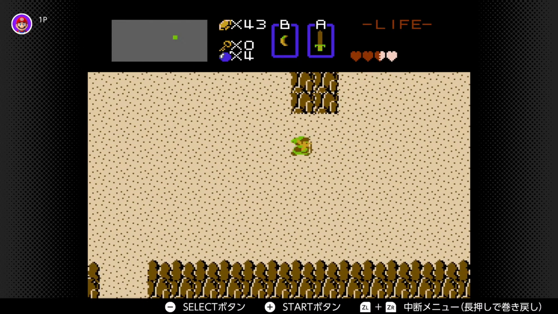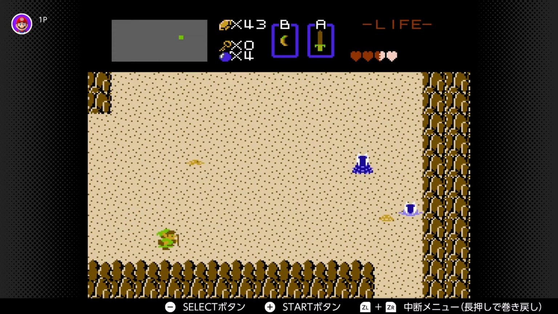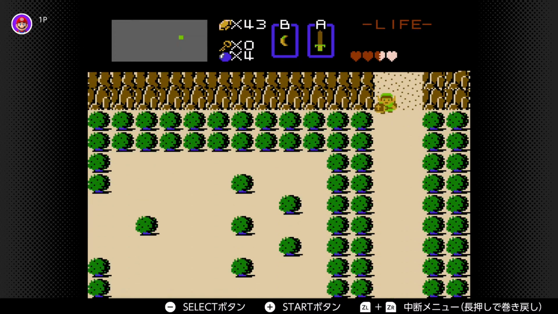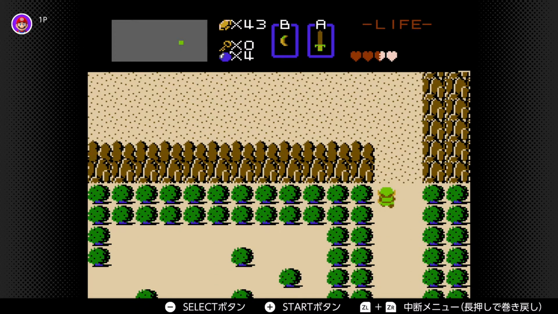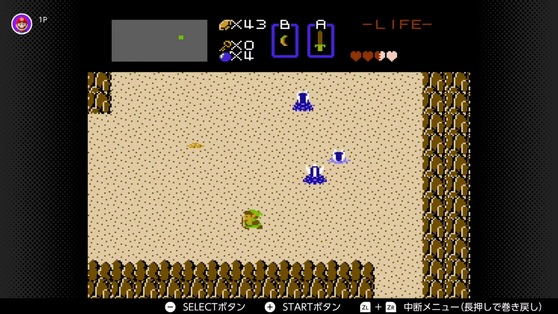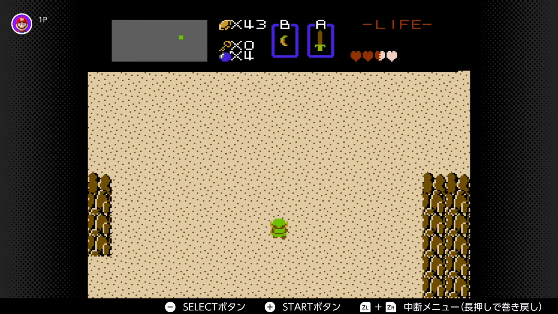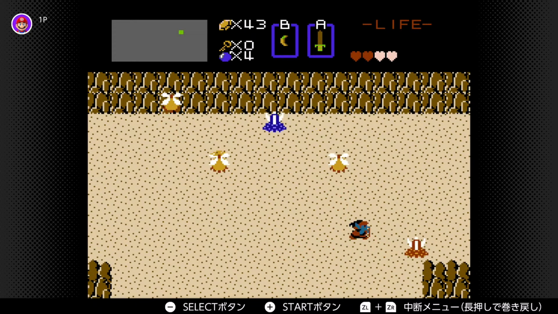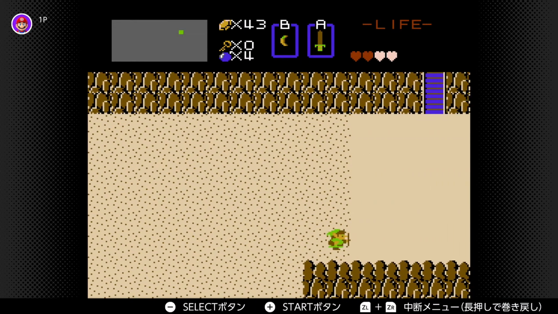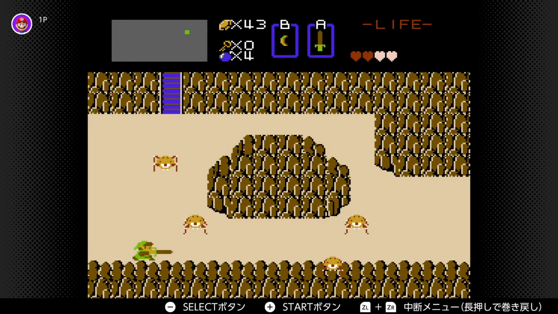Oops. This is the quote-unquote desert shown by the dots. Not this way, I think it's above. Let's see. Yeah, I think I have to continue this way. And we get here at this giant rock.